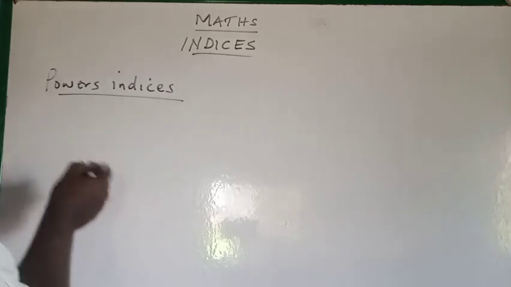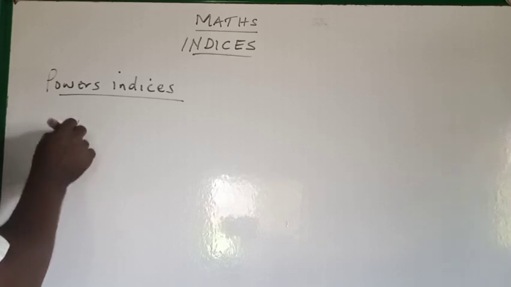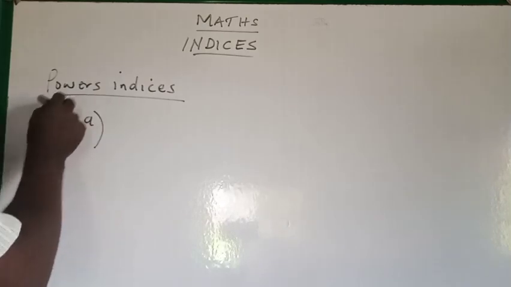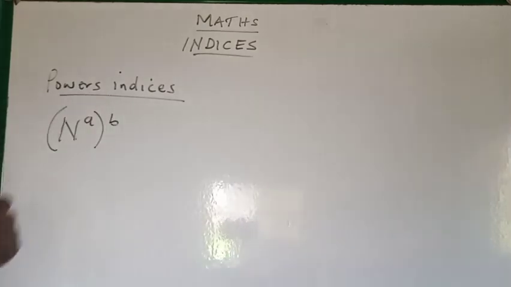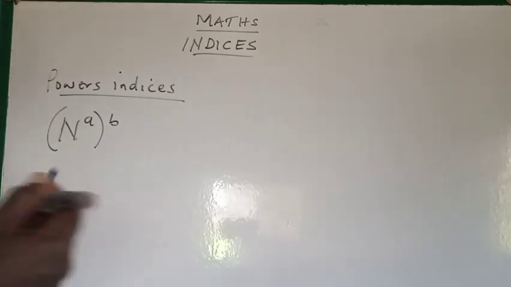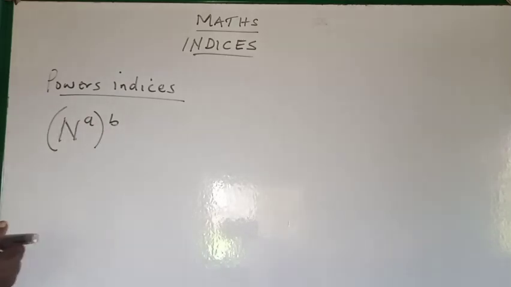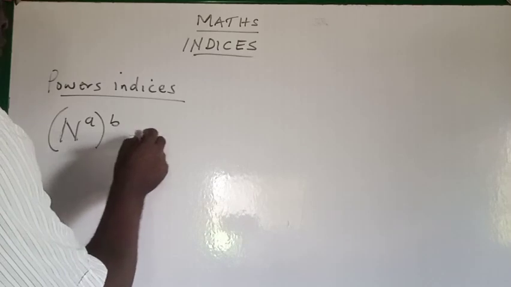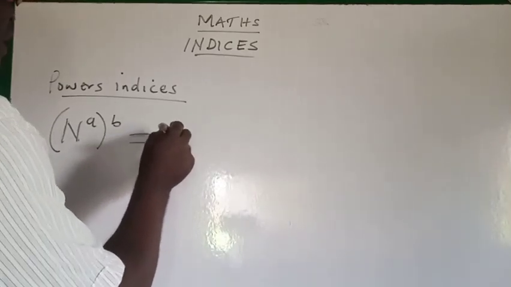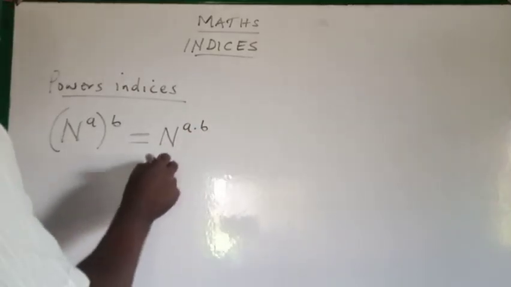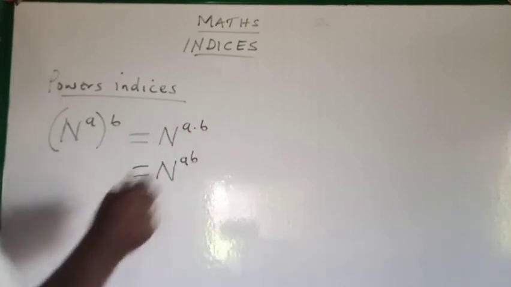For instance, if you have a number n raised to power a, and all this raised to power b, what does the law say? The law says you have to multiply the powers, that is a and b, to get the power of the resulting number. It is equal to n raised to power a times b, which is the same thing as n^(ab).